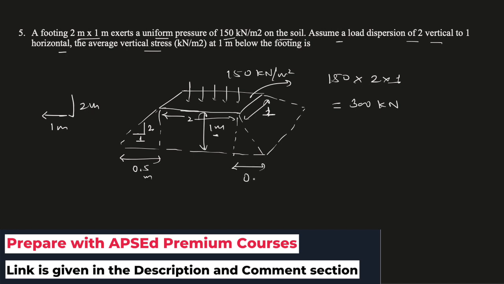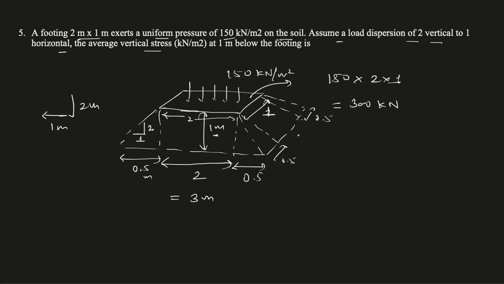Similarly 0.5 here. So this dimension becomes 2 plus 0.5 plus 0.5, that is 3 meter. And if we calculate on the side, the side is again 1 meter depth. So here also we will have 0.5 and 0.5 with the same logic. So this side will become 1 plus 0.5 plus 0.5, so that is 2.